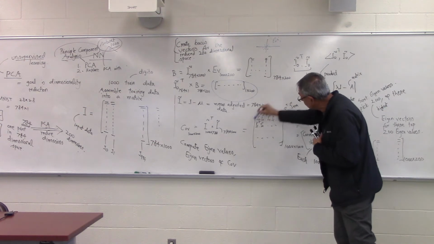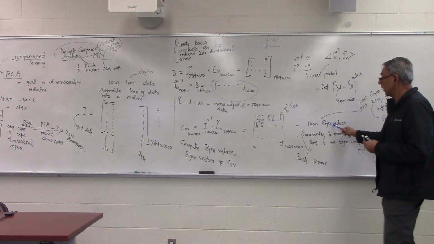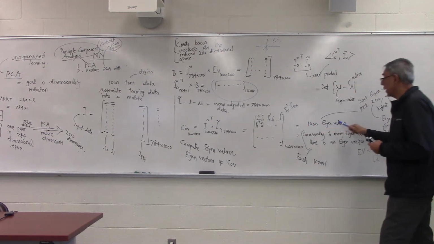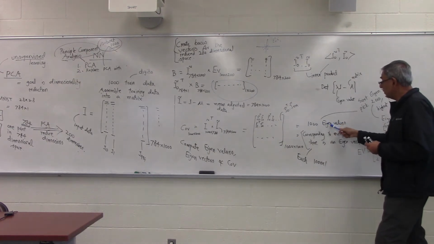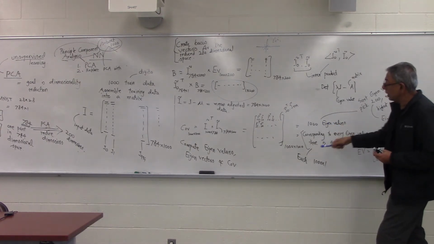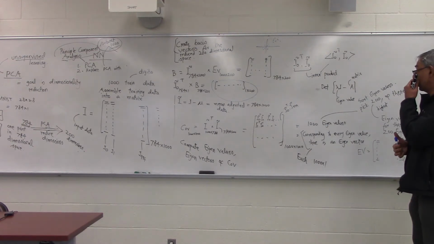Then for this one, we create the eigenvalues and eigenvectors. So this one will give us 1000 eigenvalues. Of course, for every eigenvalue there's an eigenvector, that will be 1000 by 1, and there's a standard procedure for creating those eigenvectors, right?